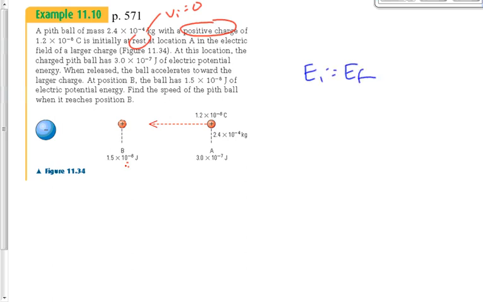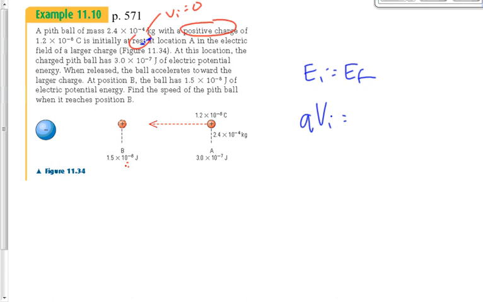What kind of energy does that car have, Mason, at the top of the hill? Got potential energy. Except we're not going to call it mgh potential. We're going to call it QV potential, right? Still potential energy. Does that car that's at rest have kinetic energy at the top of the hill? No, it doesn't.